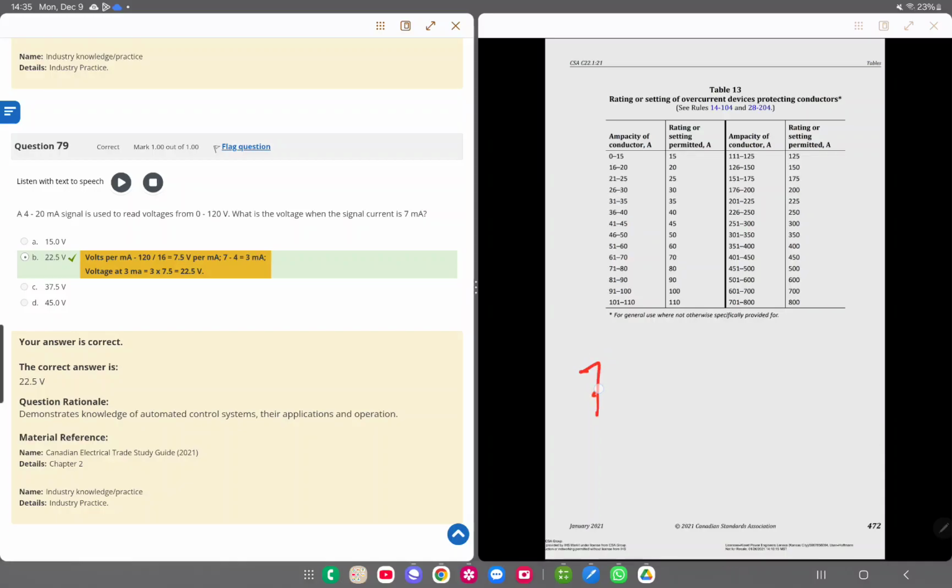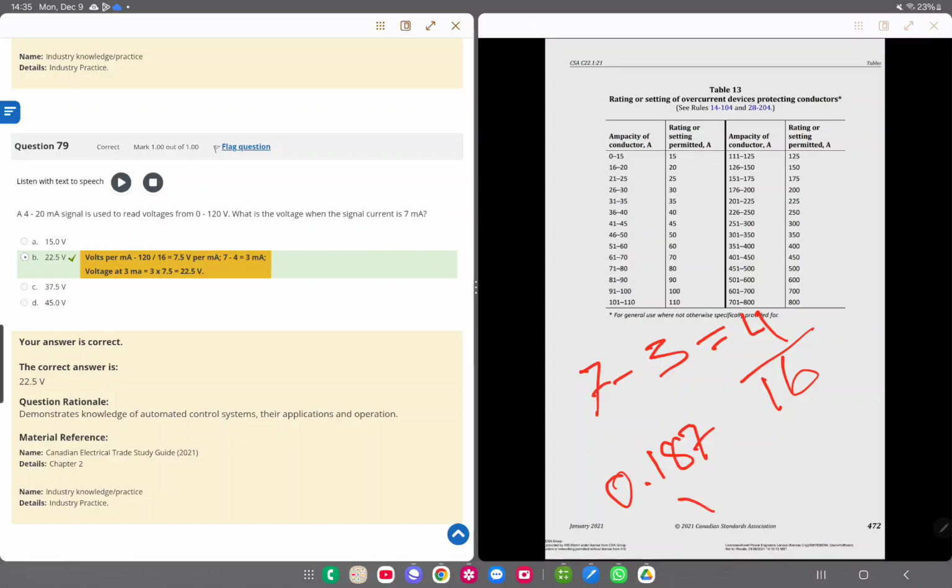So we got 7 minus 3 is 4 divided by 16, 0.187.